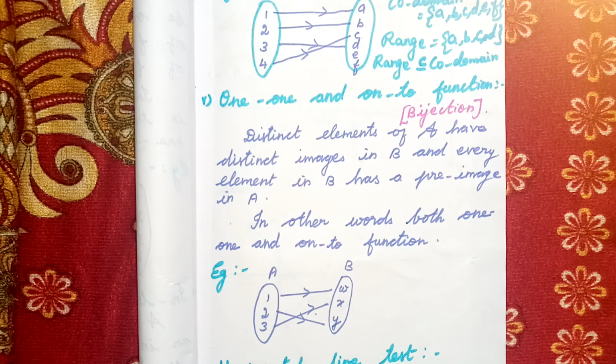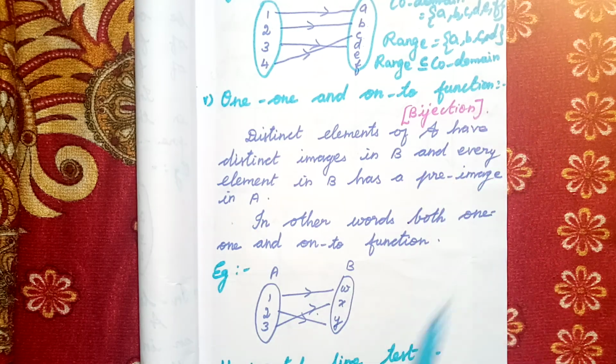Here, one-one and onto function, another name is bijection. In the name itself we can find out: both one-one and onto function is called bijection.